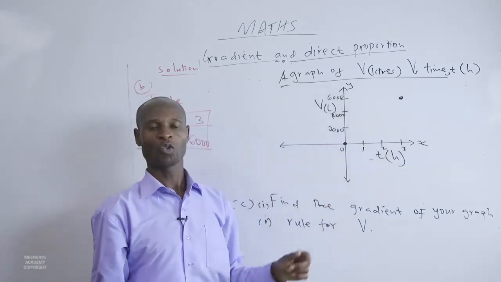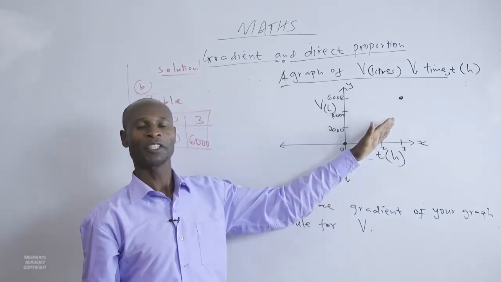Now, having plotted the 2 points, you now take a ruler and join the 2 points.